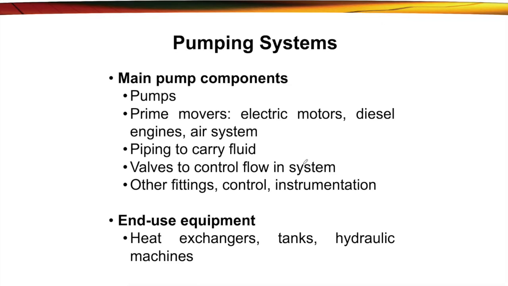To connect point A to point B, where we want to flow the fluid from A to B, we have the piping to carry fluids. And then we have valves to control flow in the system, and other fittings, control instrumentation, and other fittings such as 90-degree bend or globe valve or other piping components.